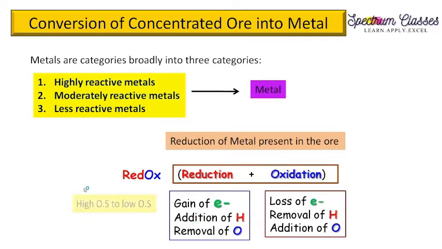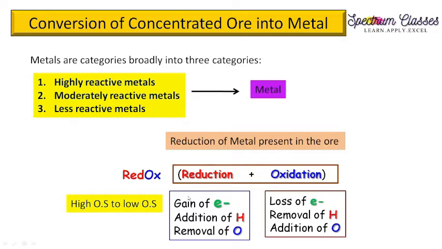One more thing, in reduction, the oxidation state of the metal is converted from a high to a low oxidation state. Why high to low? Because on gain of each electron, there is addition of a minus. So if we have plus 3, then on addition of 1 electron, we get plus 2. Plus 3 minus 1 is equal to plus 2.